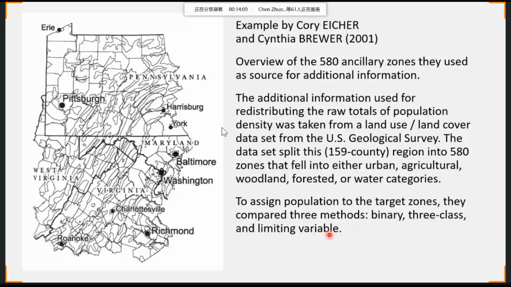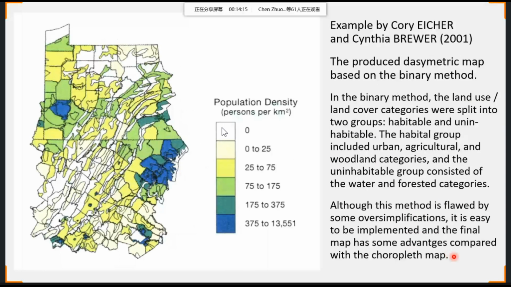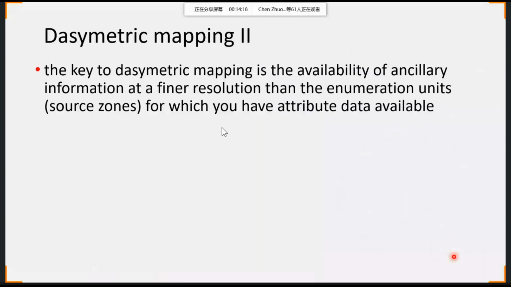This is the most simple method here, the binary one that is used in this example. The key to densitometric mapping is the availability of this ancillary information at a finer resolution than the enumeration units, the source zones, for which you have attribute data available.